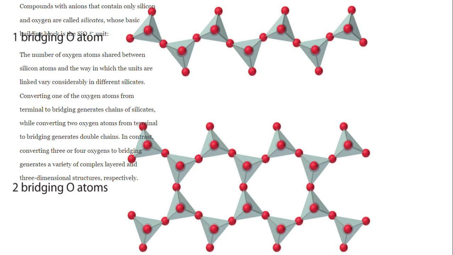These SiO4 4- units are arranged with the help of one bridging oxygen atom above and below. The structure shows the two bridging oxygen atoms forming the various types of bridging from terminal to double chains. Converting three or four oxygen atoms to bridging generates the three-dimensional structures of the silicates.